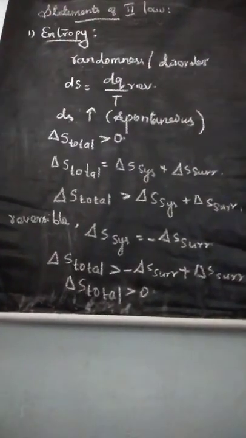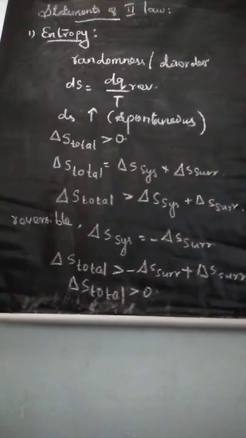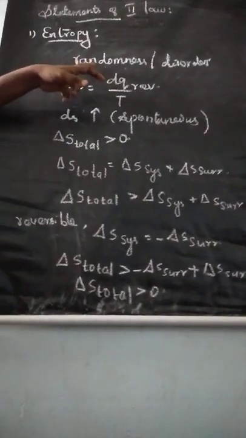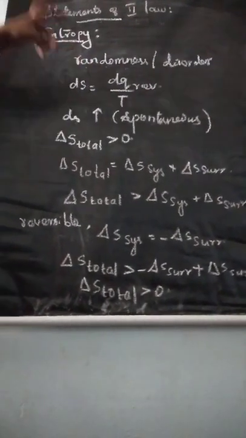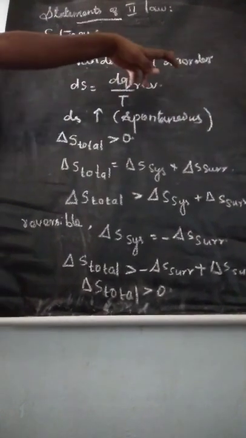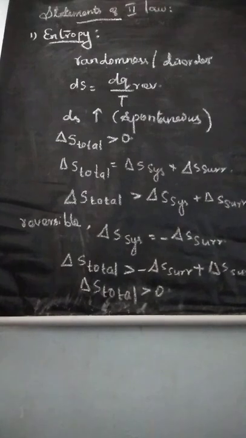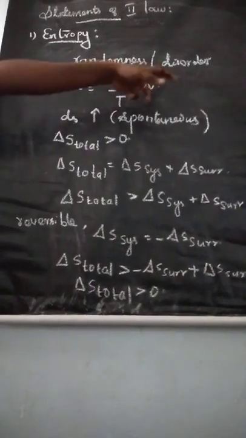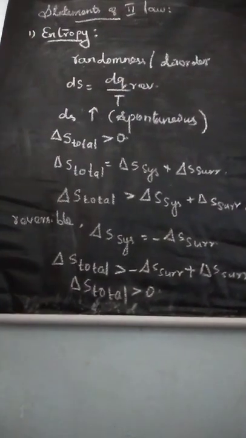So listen. The first statement of the second law is the entropy statement. We know the definition: entropy is a measure of the randomness or disorder of the molecules.